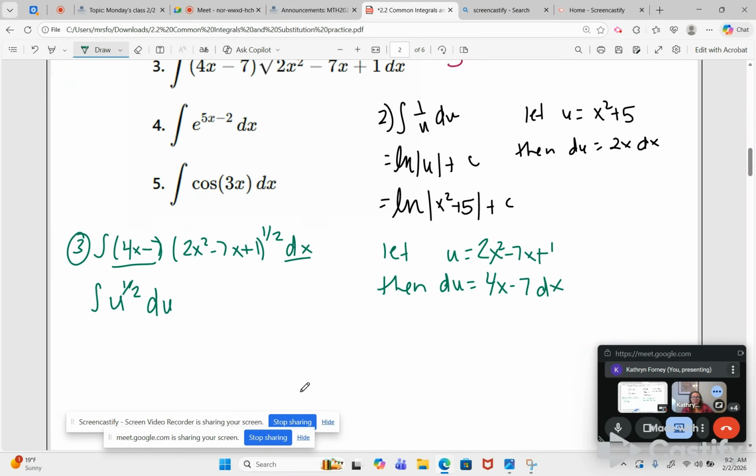So then when we take the antiderivative, you increase your exponent by 1 and divide by the new exponent. Now, when you divide by a fraction, that's the same as multiplying by the reciprocal.